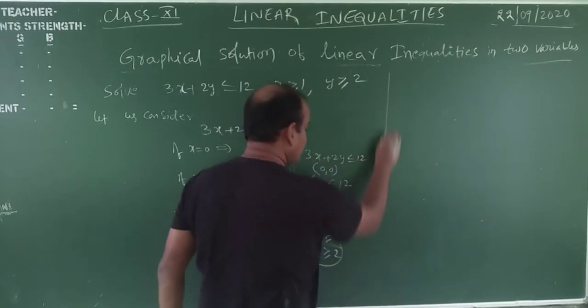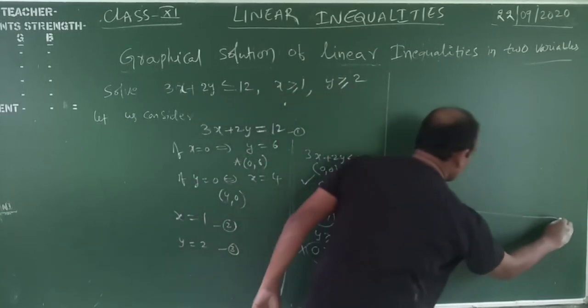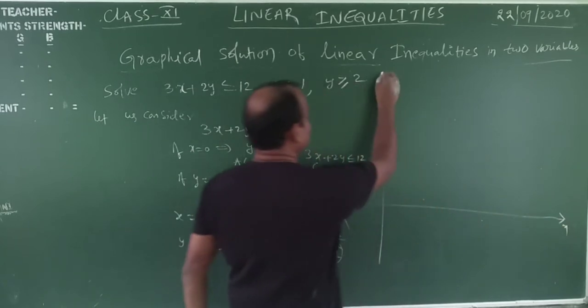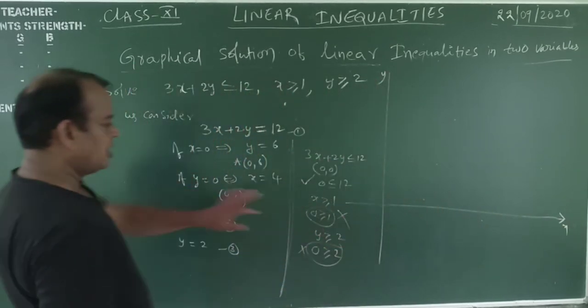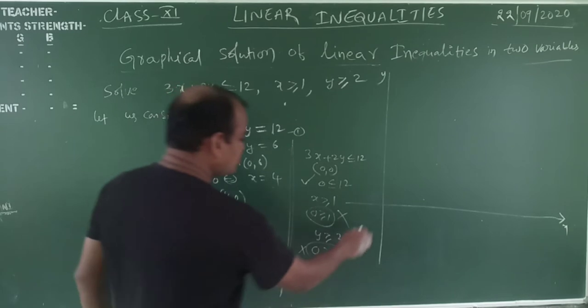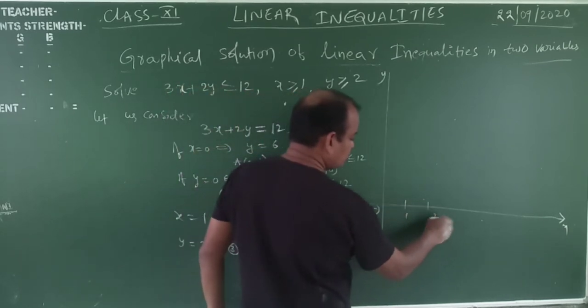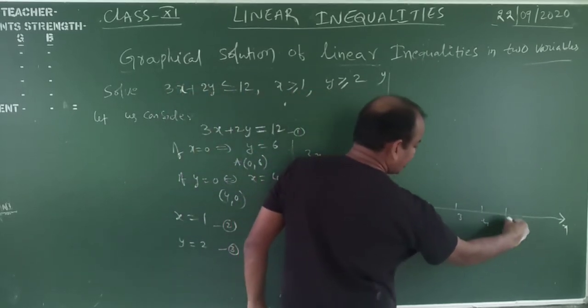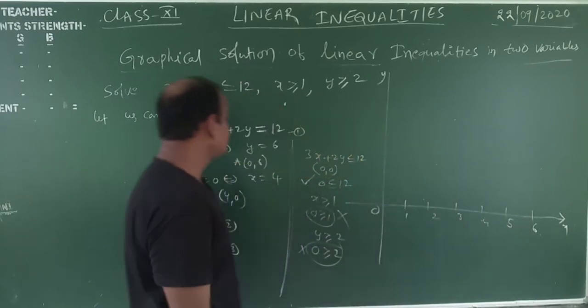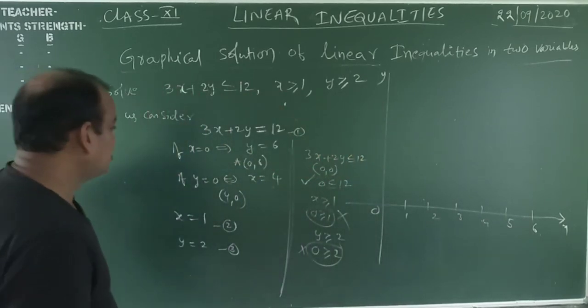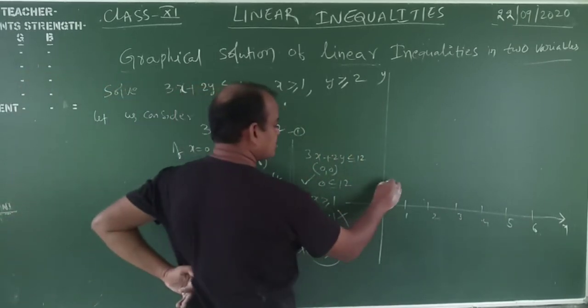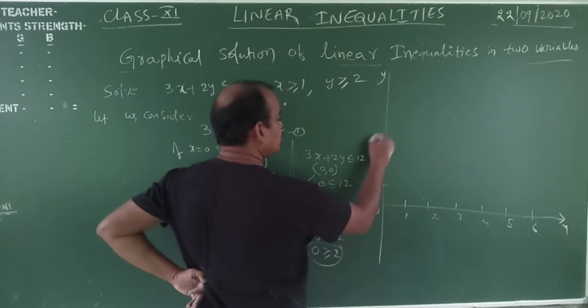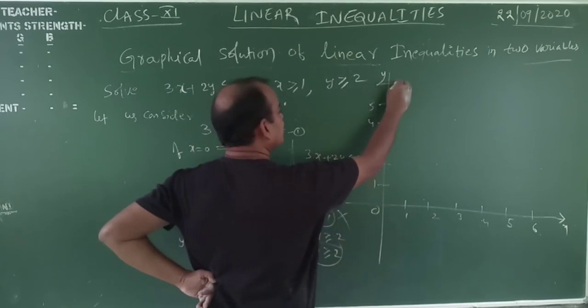That's why I am drawing the graph with only positive values. I didn't take the negative values. 0, 1, 2, 3, 4, 5, 6. The y value is also 6: 1, 2, 3, 4, 5, 6.